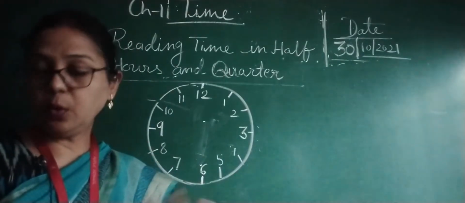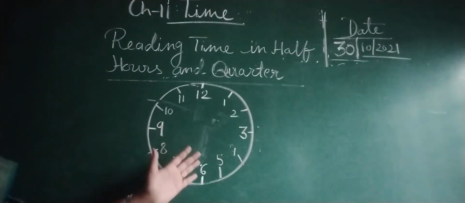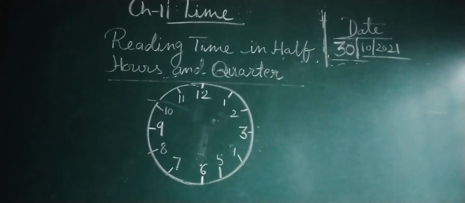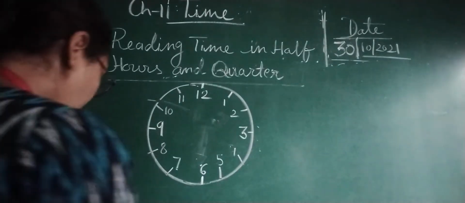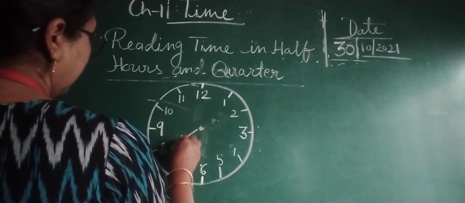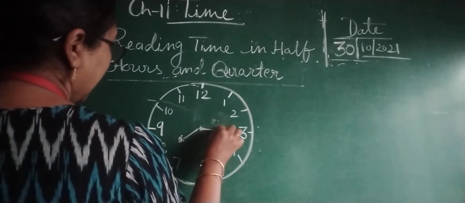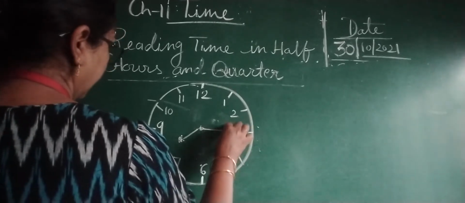Now we are going to discuss quarter. Okay, so I'm going to draw one figure on the board, where the shorter hand is at 8, okay, and the bigger hand is at 3.